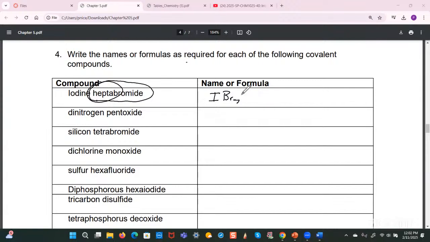Any question about the first one? Okay, what about the second one?